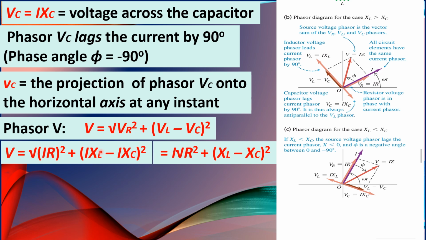When expressed in terms of the product of the current amplitude and the resistance R, we can also express the phasor V, or the vector sum of the voltage.